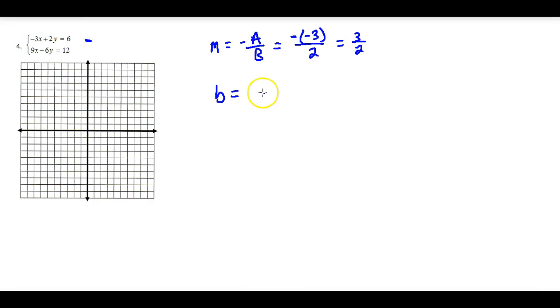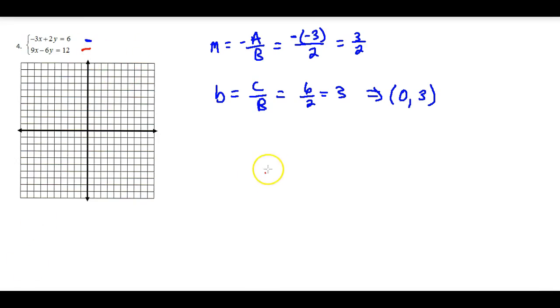For our y-intercept, it's c divided by b, which is 6 divided by 2, and that's going to be 3, which implies we have a y-intercept of 0, 3.